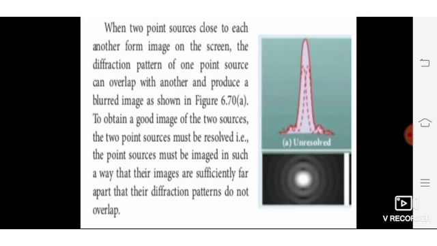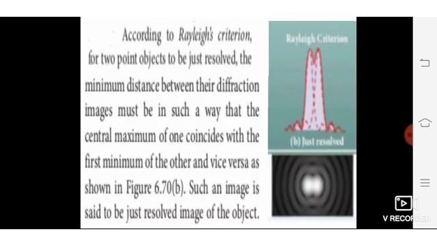To obtain a good image of two sources, the two point sources must be resolved. What is meant by resolved? The point sources must be imaged in such a way that their images are sufficiently far apart that their diffraction patterns do not overlap.